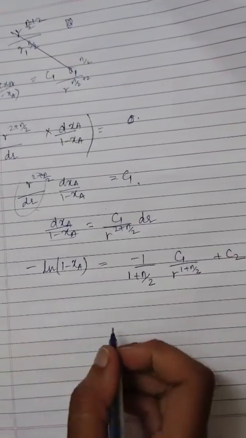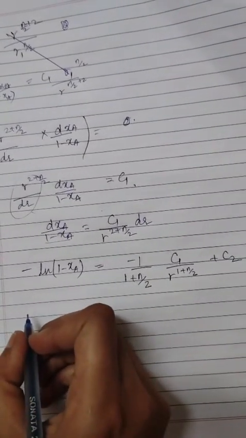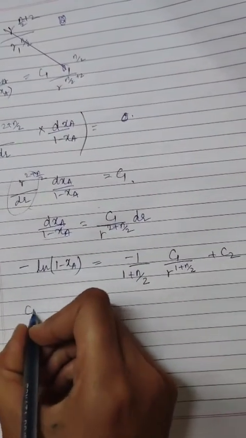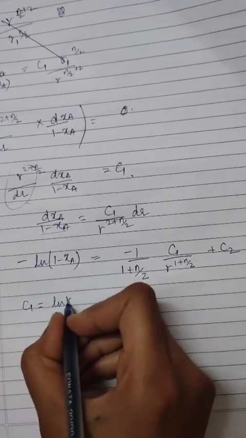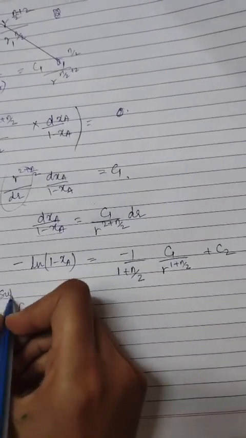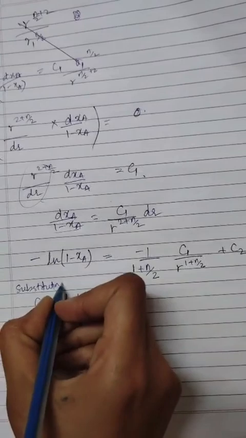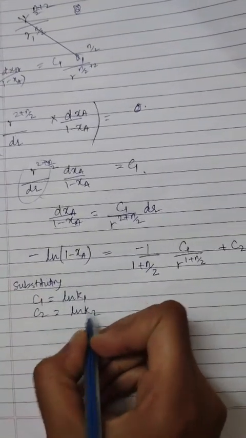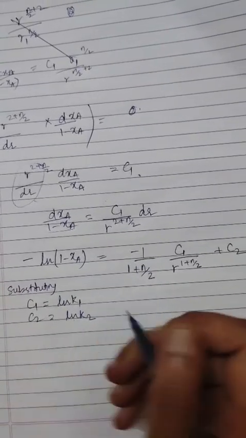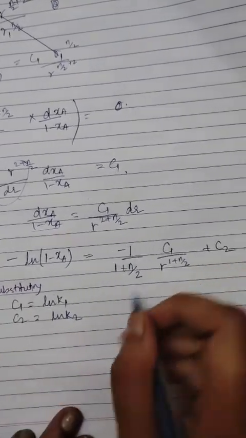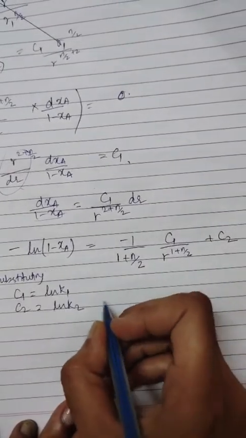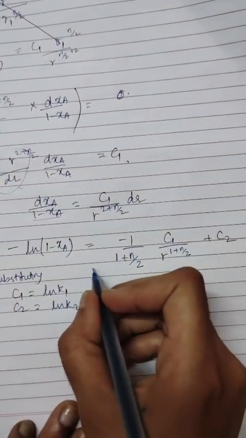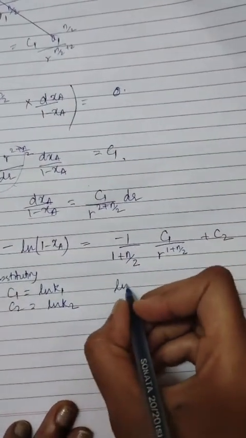Now again clubbing and solving, C1 is equal to ln K1, and C2 is equal to ln K2. We can remove the negative sign from the equation.